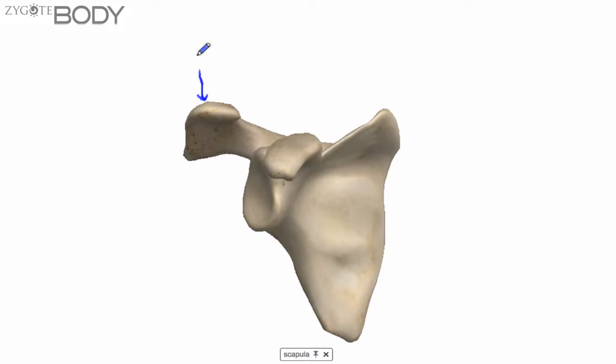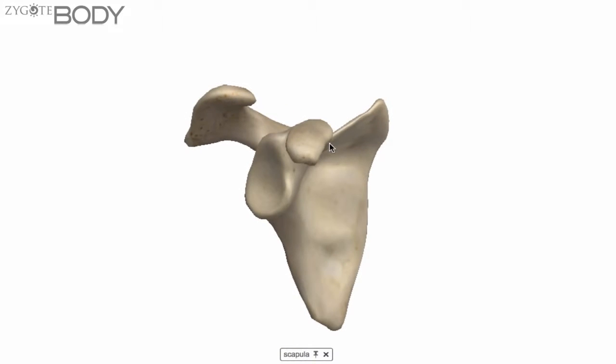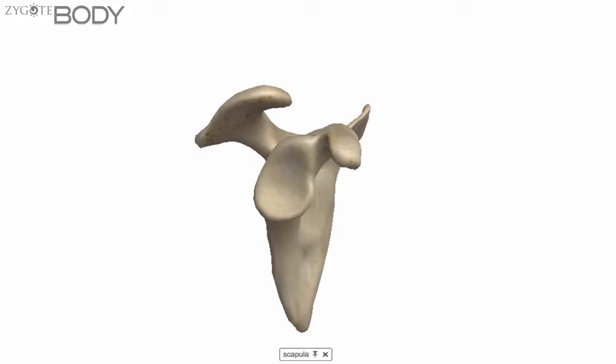One on the posterior side is called the acromion process. And located on the anterior side of the scapula you find another very important process. This is the coracoid process.